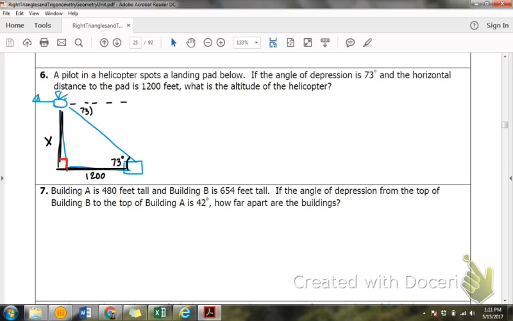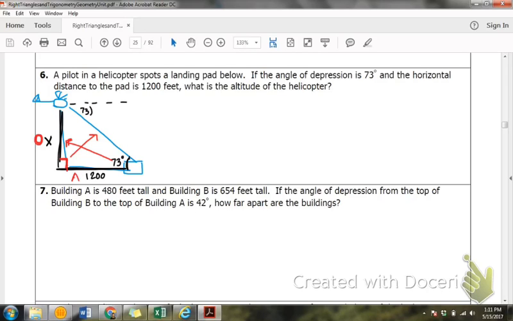So we have to go across. So it's going to be the opposite, adjacent, or hypotenuse? Opposite. Brian, what is 1,200 going to be? Adjacent or hypotenuse? Remember, hypotenuse is across from the right angle.